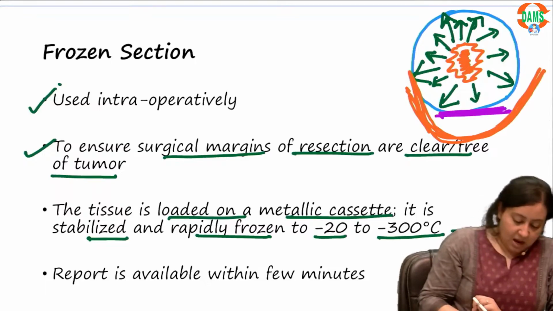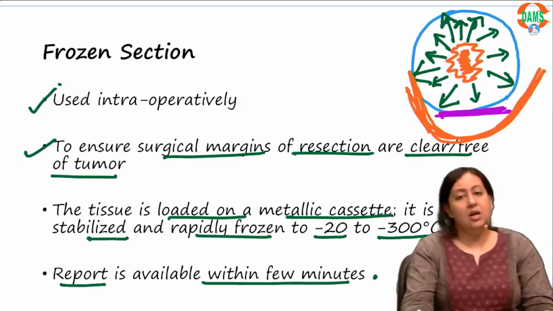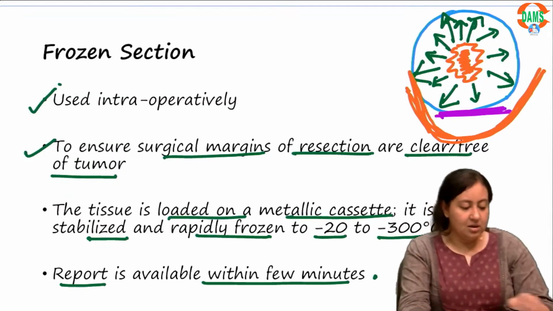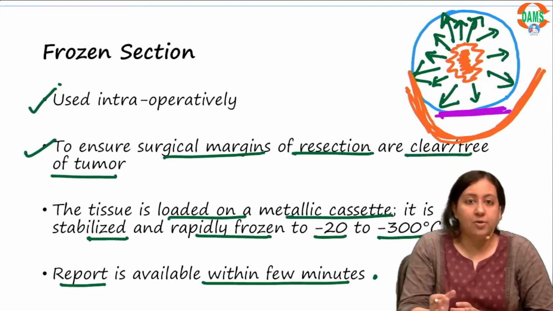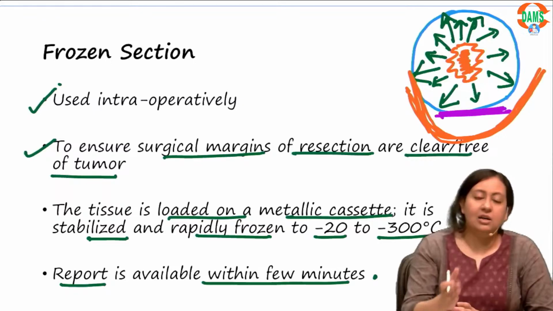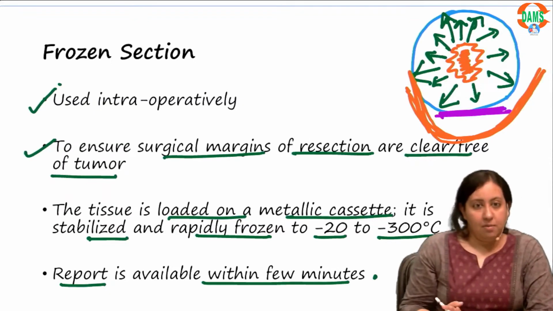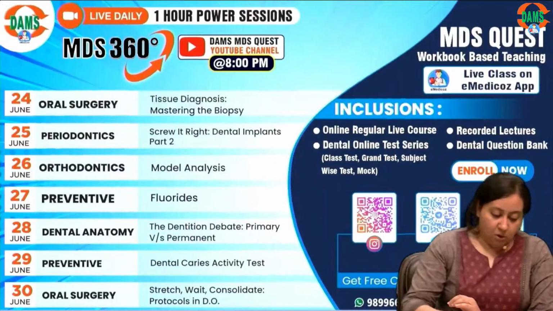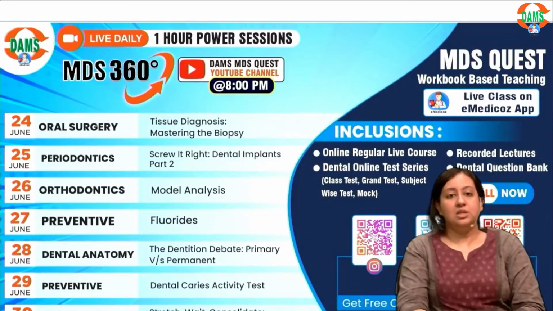The report is available within a few minutes, especially in half an hour's time. Once it is loaded onto this cassette, it is incorporated into a gel-like material, and those blocks are cut into thin sections to study your margins. So with that, your chapter for biopsy is over.